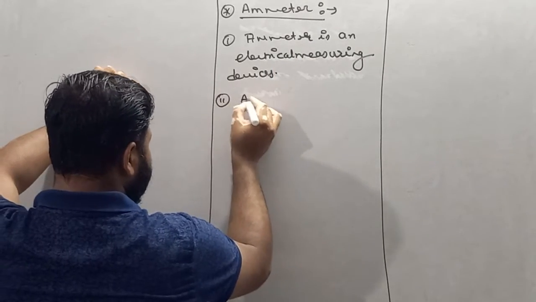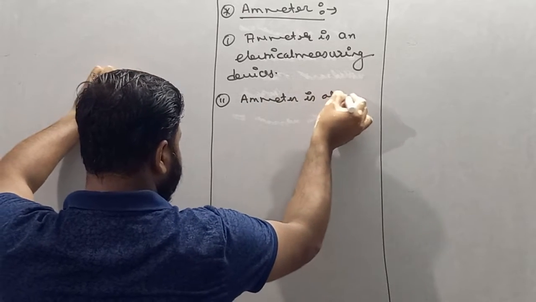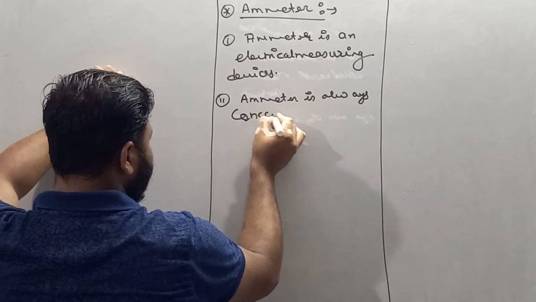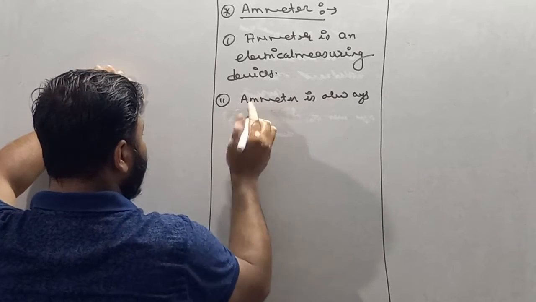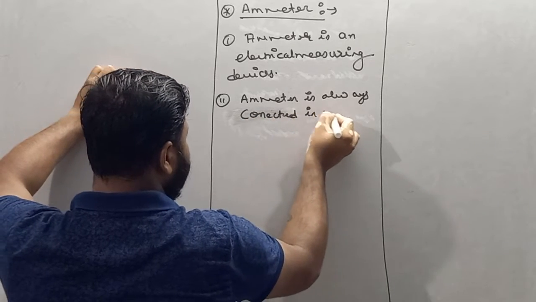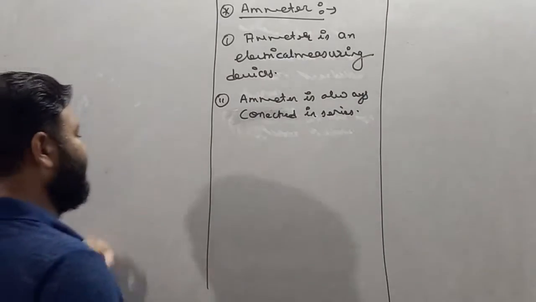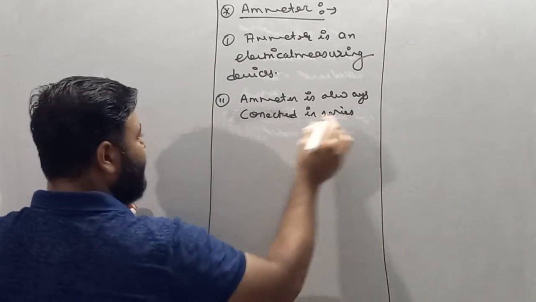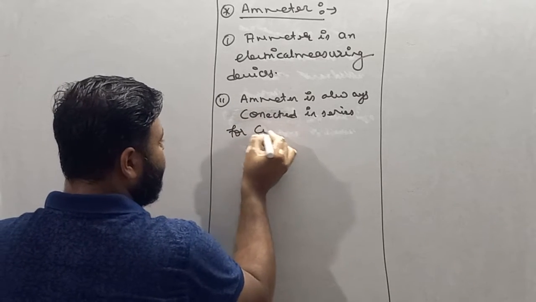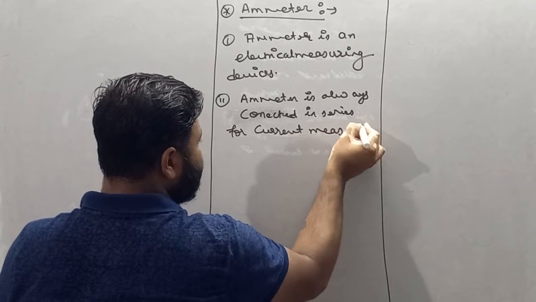Second thing is ammeter is always connected in series for current measuring.